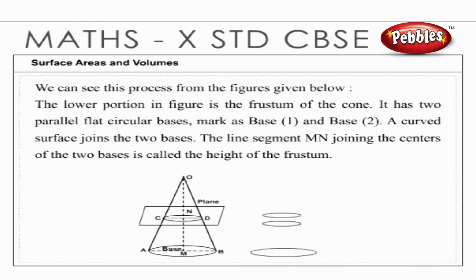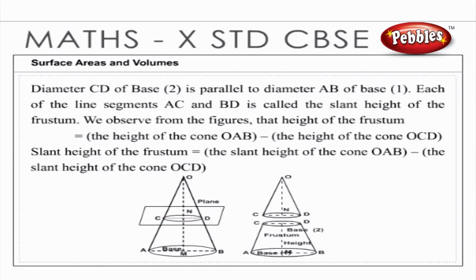The lower portion in the figure is the frustum of the cone. It has two parallel flat circular bases, marked as base 1 and base 2. A curved surface joins the two bases. The line segment MN joining the centers of the two bases is called the height of the frustum. Diameter CD of base 2 is parallel to diameter AB of base 1.